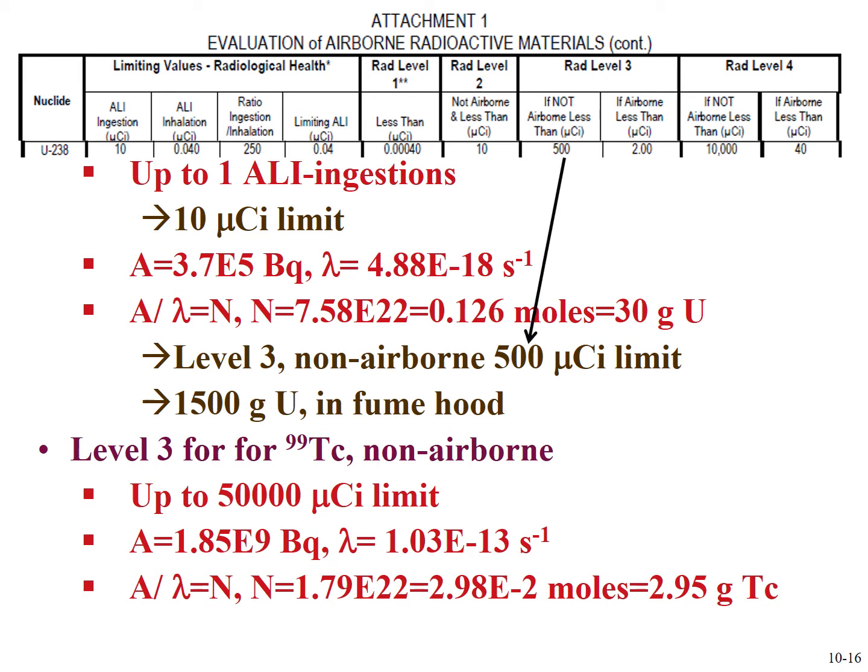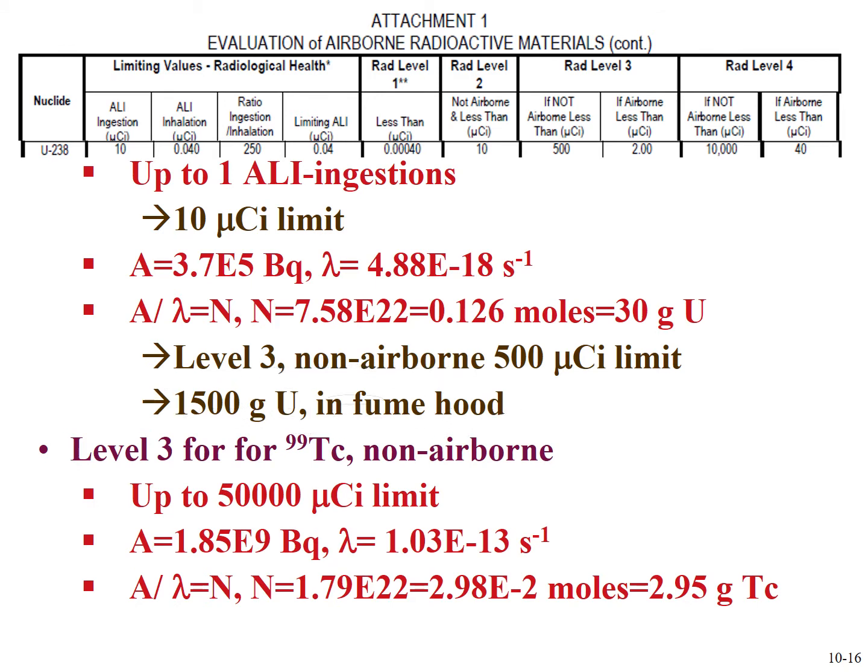If I look at the table here, I see that that is 500 microcuries. So I redo my calculation from 10 microcuries to 500 microcuries. I'm increasing that by 50 times. I need to do this in a fume hood, but now I can work with 1,500 grams of uranium.